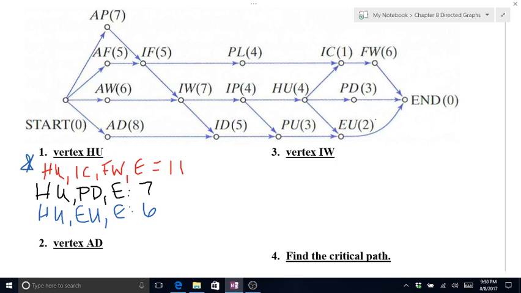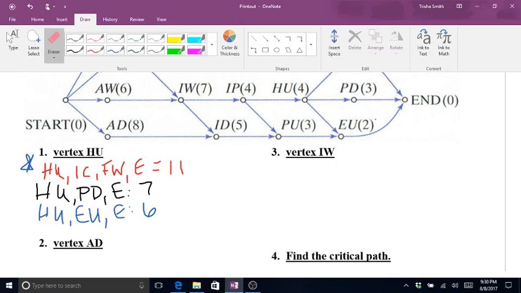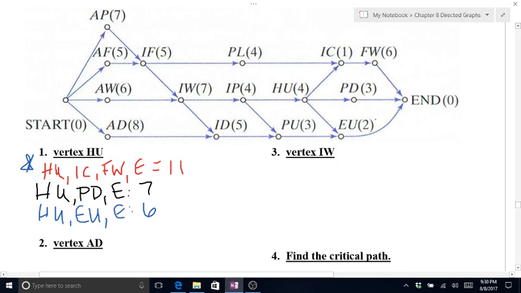Okay, number 2 wants us to start at AD. So we're starting here. AD. The only way to leave AD is to go to ID. From ID, I have to go to PU.